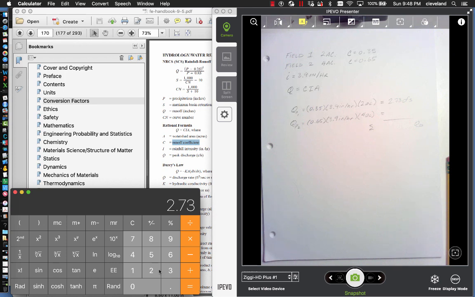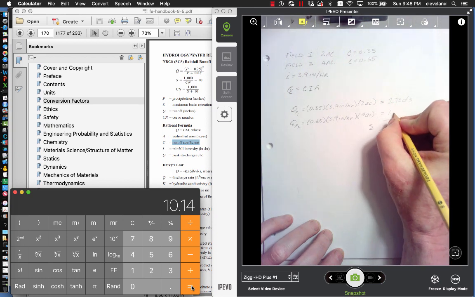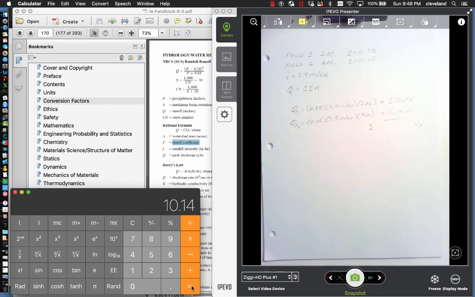And 0.65 times 3.9 times 4 equals 10.14 CFS.